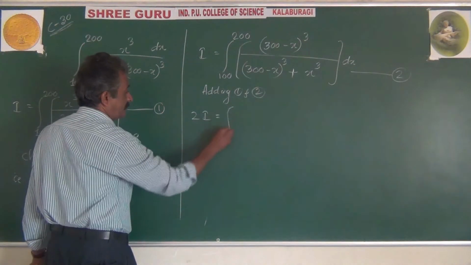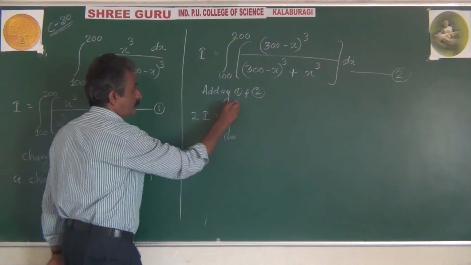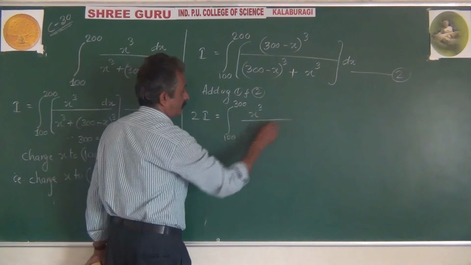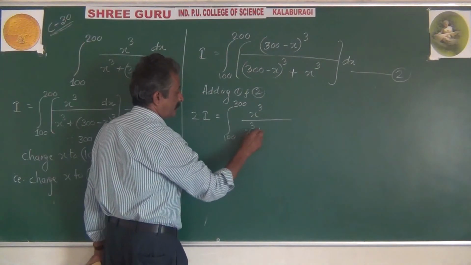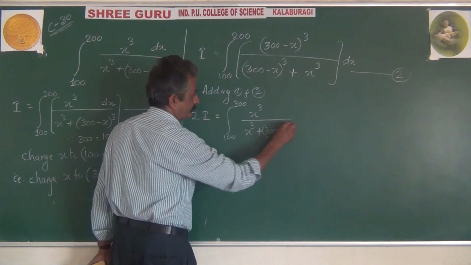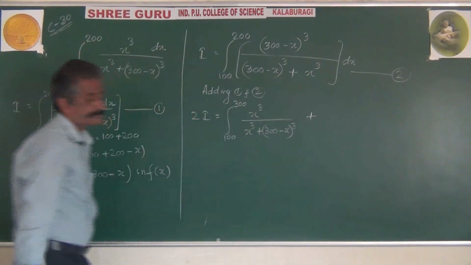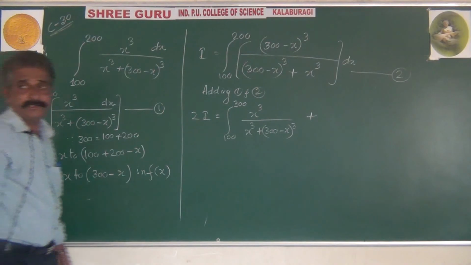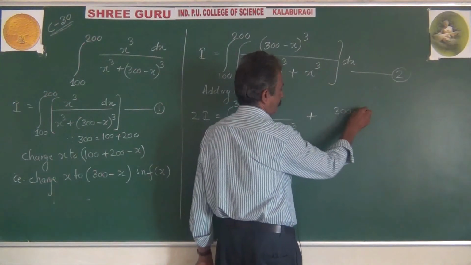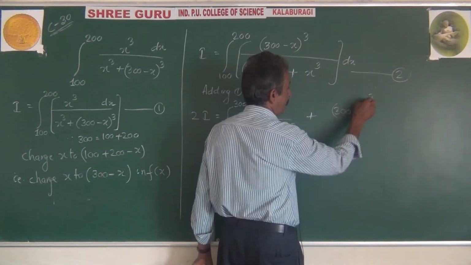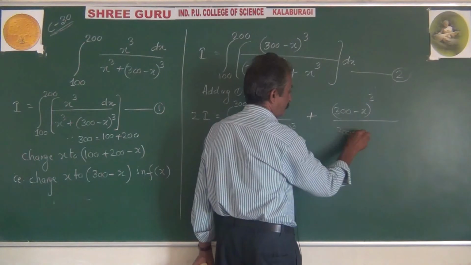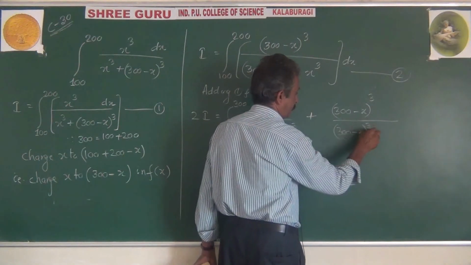Right hand side integration 100 to 200 x cube by x cube plus 300 minus x whole cube, plus 300 minus x whole cube divided by 300 minus x whole cube plus x cube.